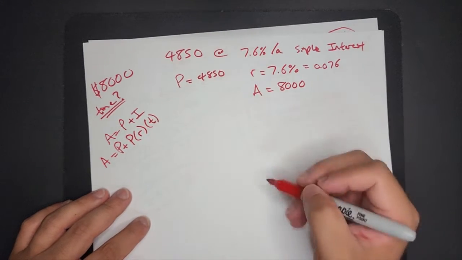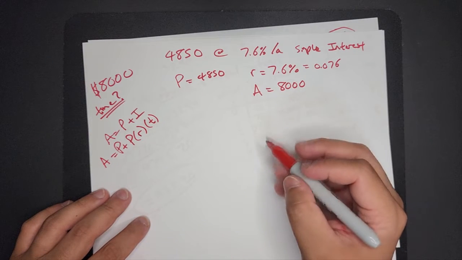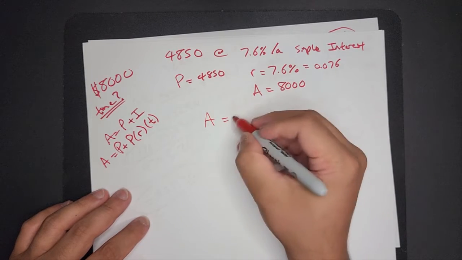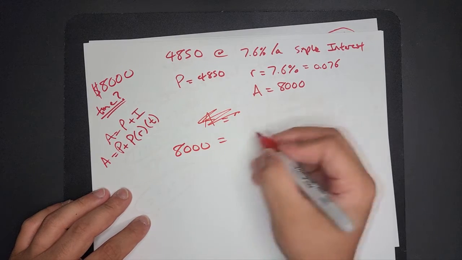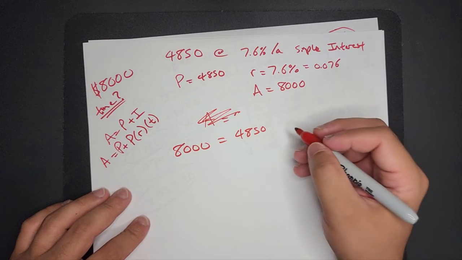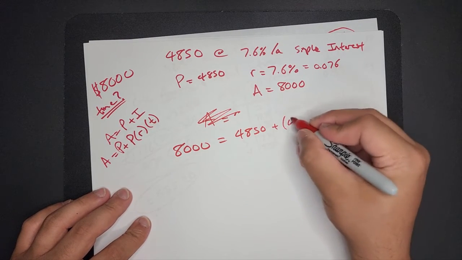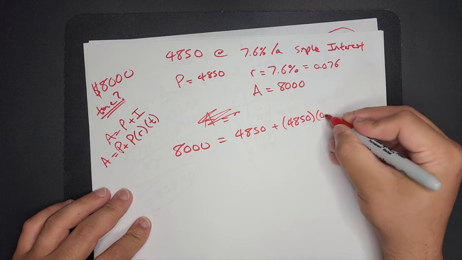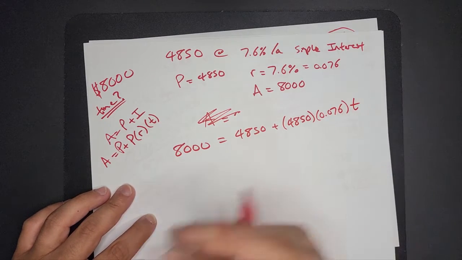Now we can solve for t. So A is equal to 8,000 is equal to 4850 plus 4850 times 0.076 times t.